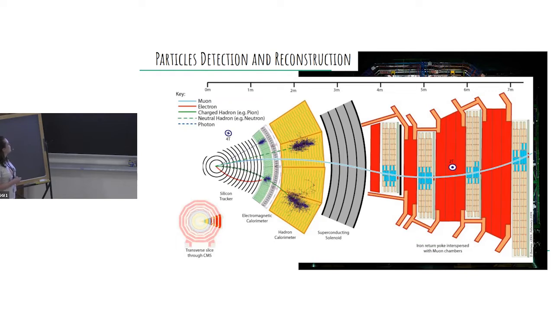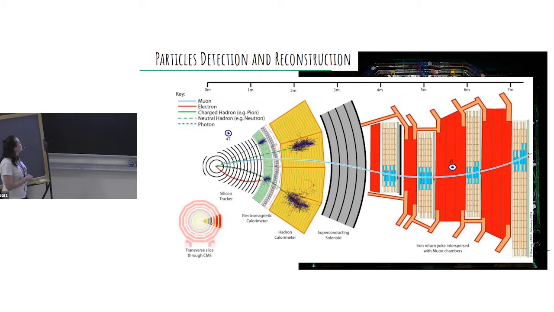Around the interaction point, you have what we call the tracker, which is made of silicon sensors that allow us to detect the trajectory of charged particles, so all leptons and charged hadrons that go through these layers, interact with the silicon and leave a little bit of charge, and then, matching the points, we can reconstruct the trajectory that this particle followed.